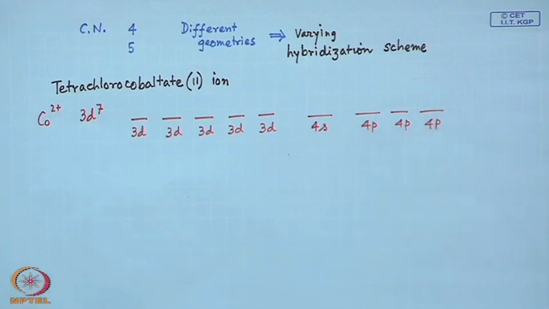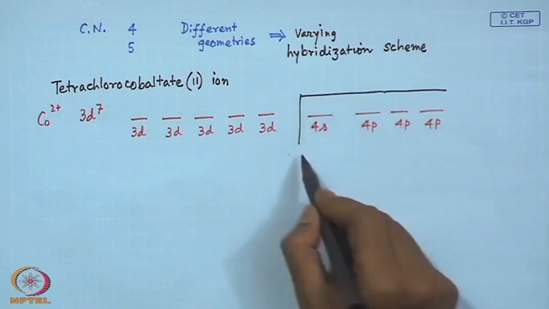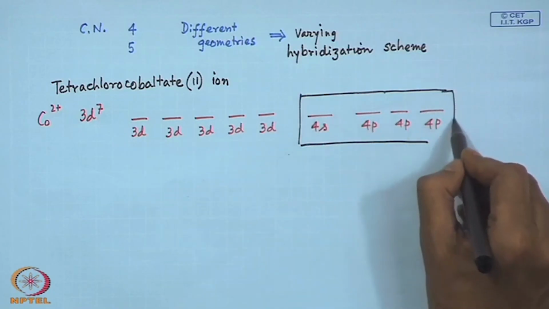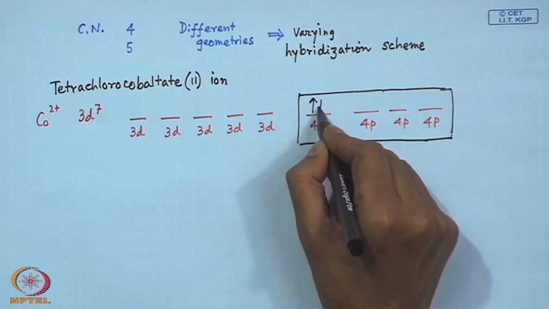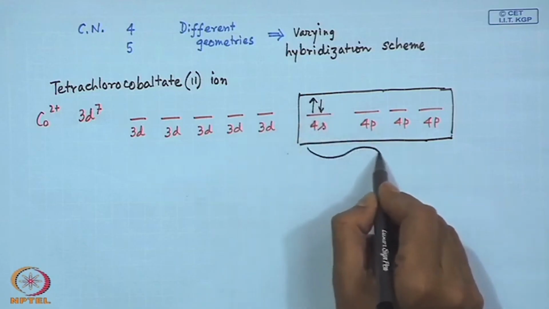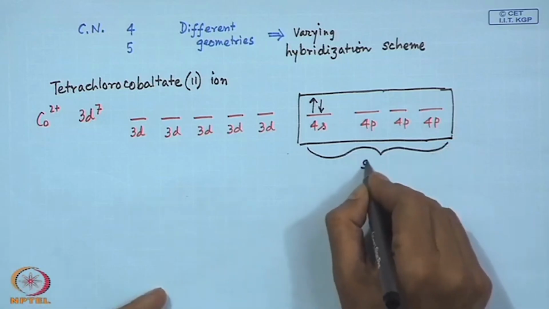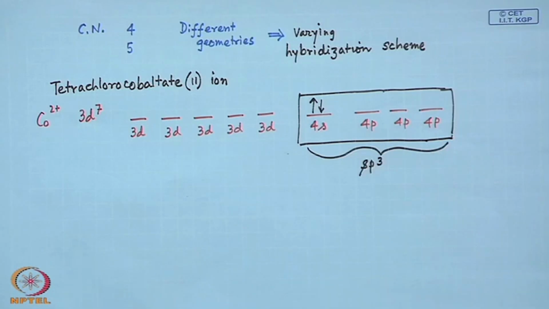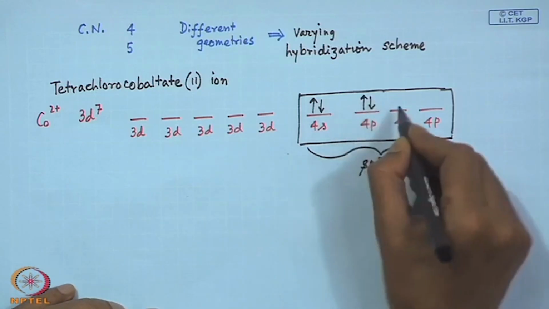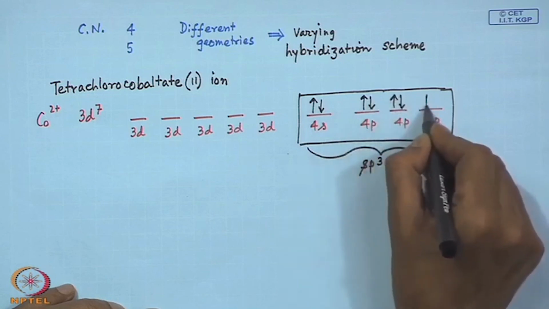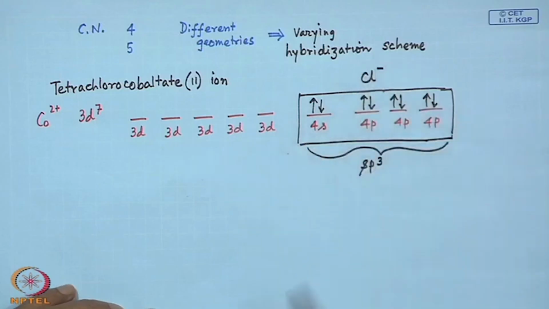So if we have the corresponding hybridization utilizing this sp3, we will have the hybridization like this, where the sp3 hybridized orbitals are 4 in number. 4 sp3 hybridized orbitals will have the electron pairs. So initially they were vacant and they are coming from the Cl minus.